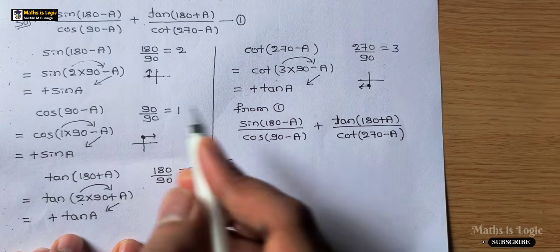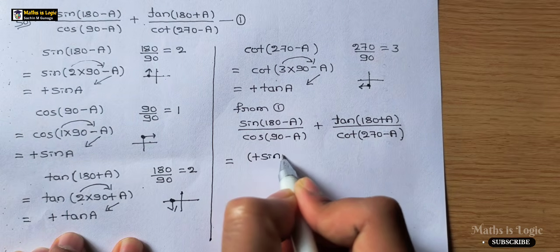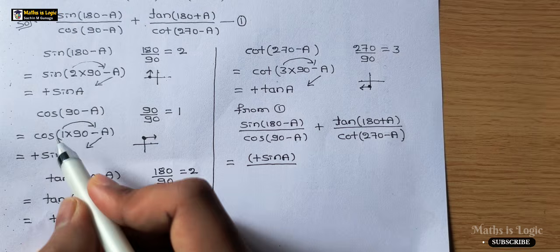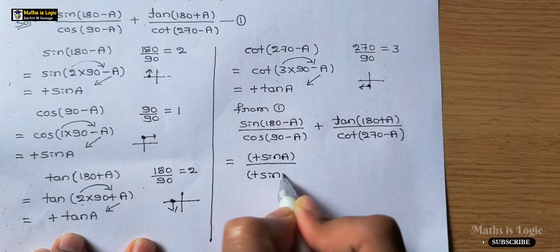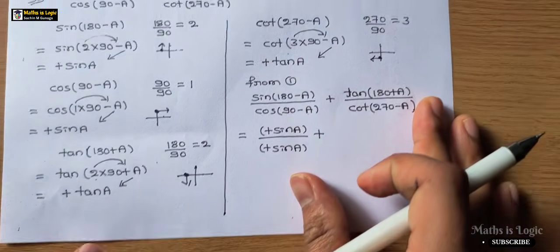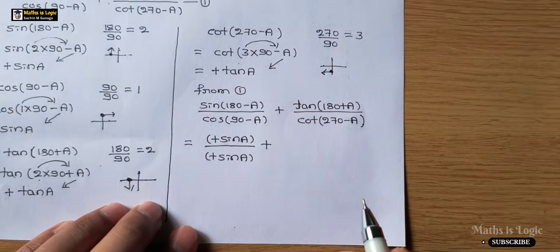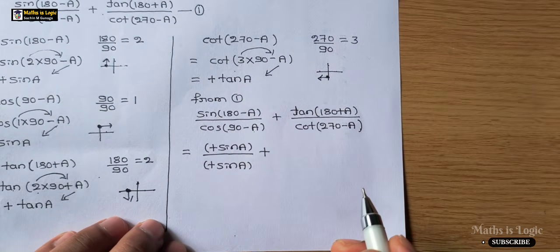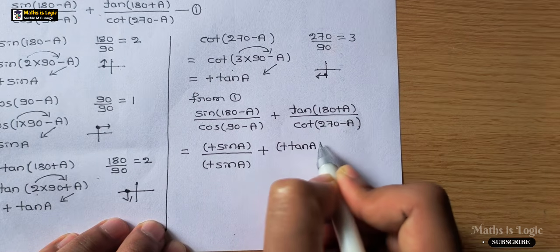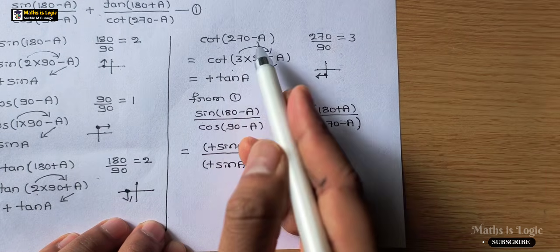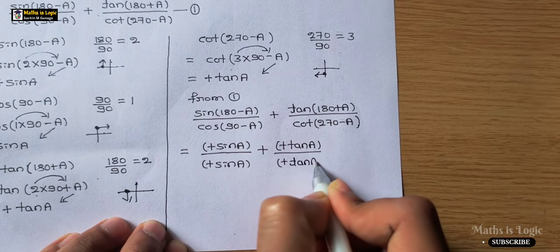First, sine 180 minus a is plus sine a, divided by cos 90 minus a, again plus sine a, plus tan 180 plus a is plus tan a, divided by cot 270 minus a, which is again plus tan a.